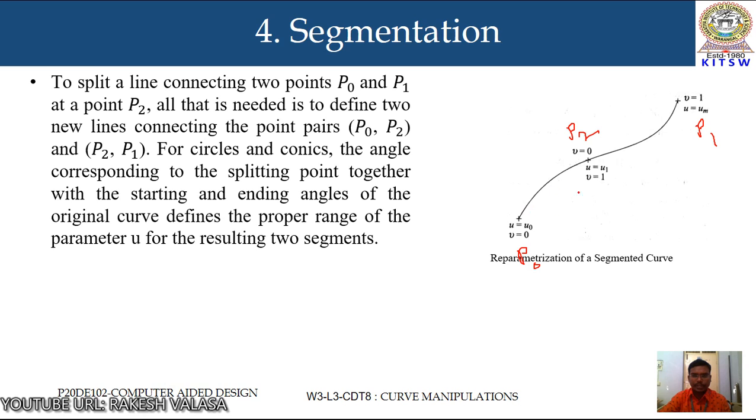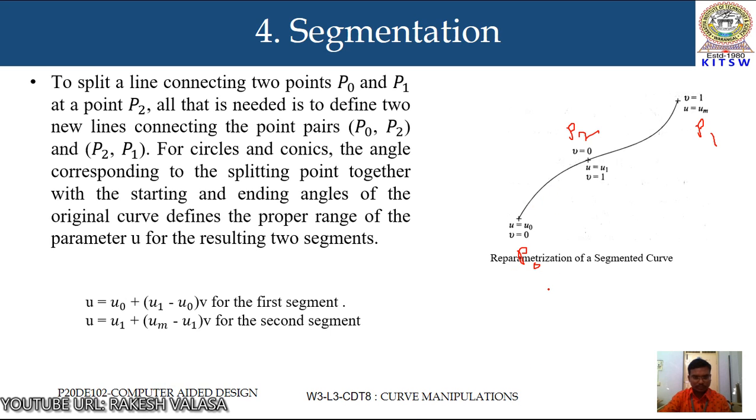This figure is a reparameterization of a segmented curve. Let us take the first segment. Write the formula for the parametric representation of the curve for the first segment: u equals u0 plus (u1 minus u0) times v. For the second segment, u equals u1 plus (um minus u1) times v.